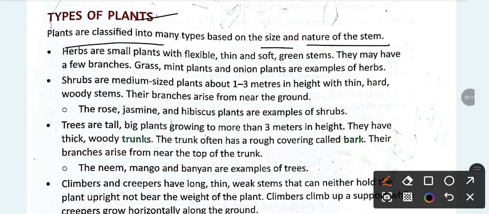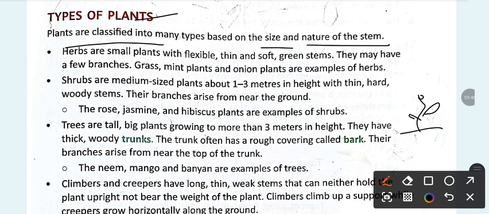Herbs are small plants with flexible, thin, soft green stems. They are small and they have green stems, green leaves, tiny flowers. Like you have seen a mint plant, it is almost one hand foot long, not more than that.